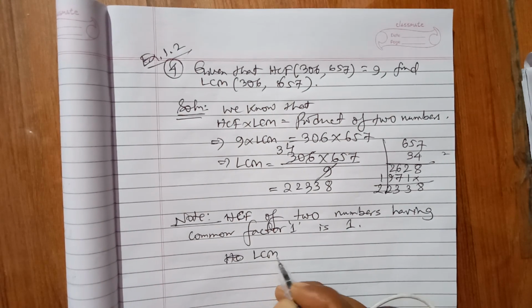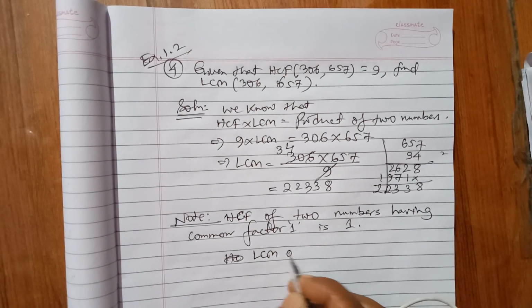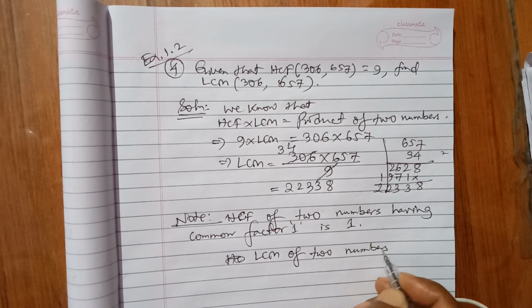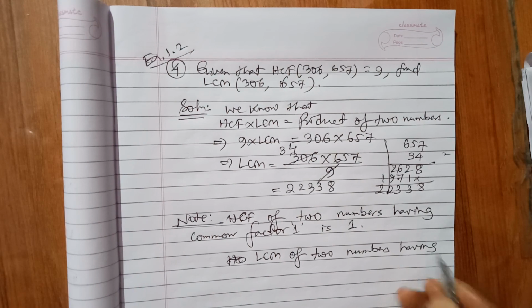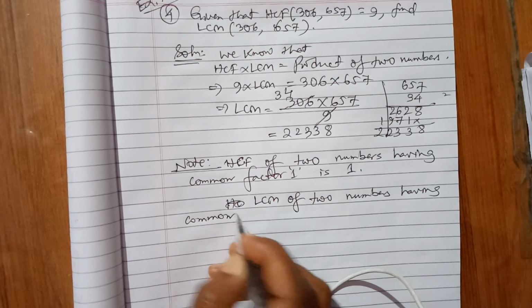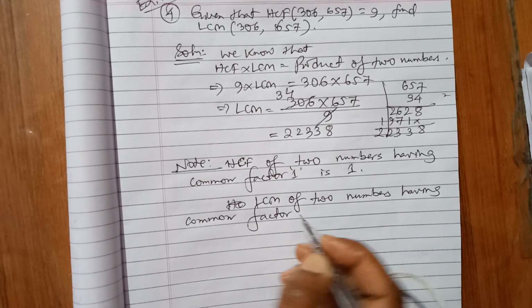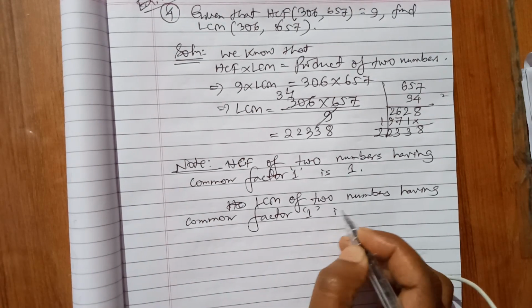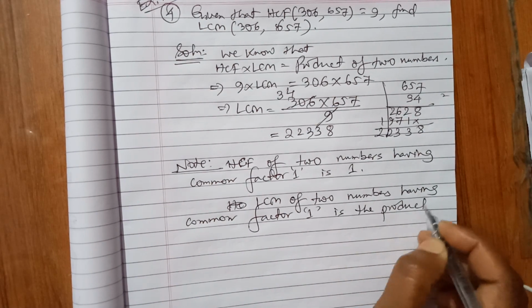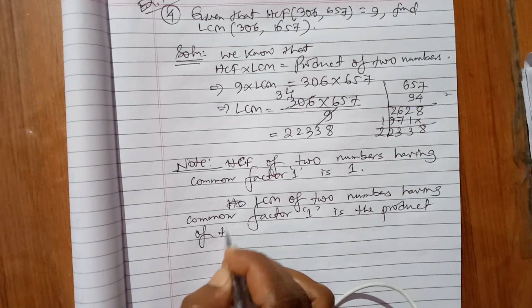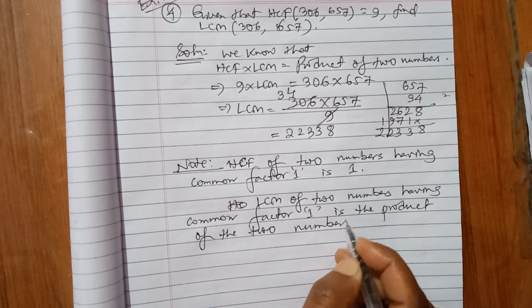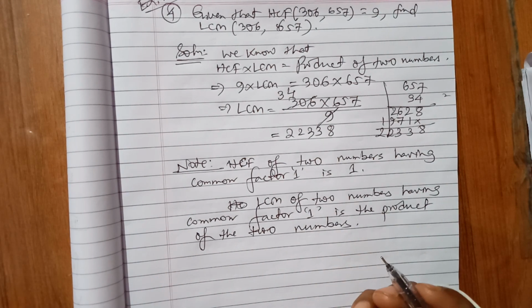Then LCM of two numbers having common factor 1 is the product of the two numbers.